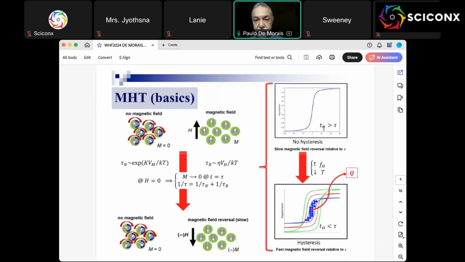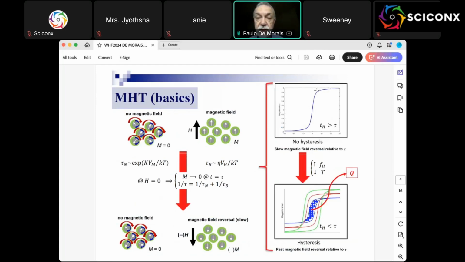magnetic field. So if the typical time of reversal of the external applied field is higher than the relaxation time, it means that the nanoparticles have enough time to follow the applied external field.